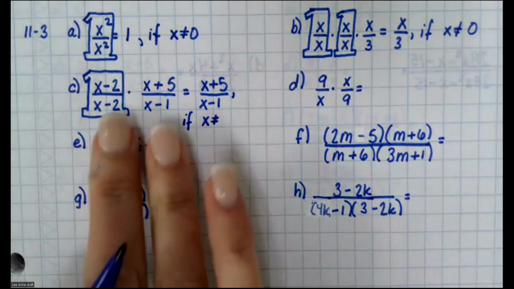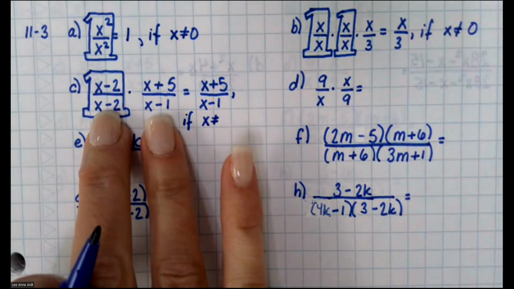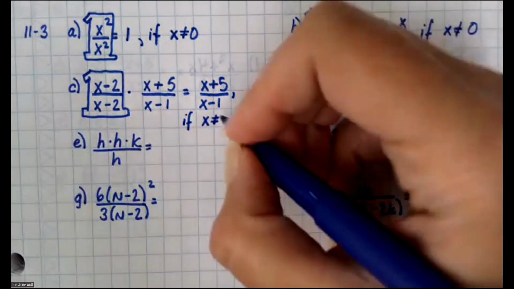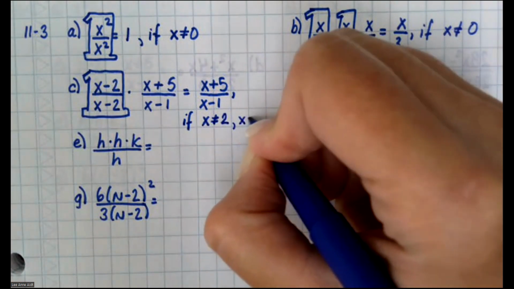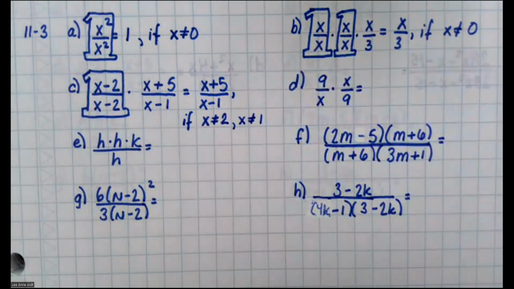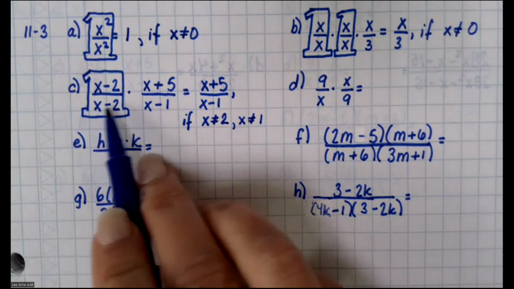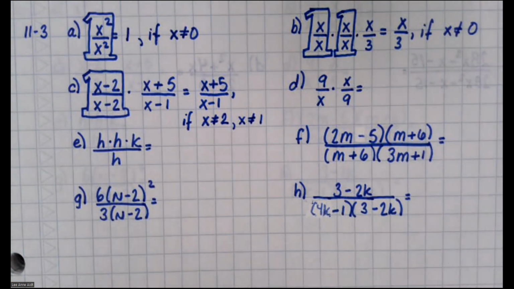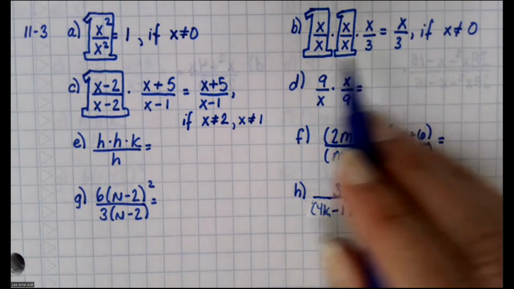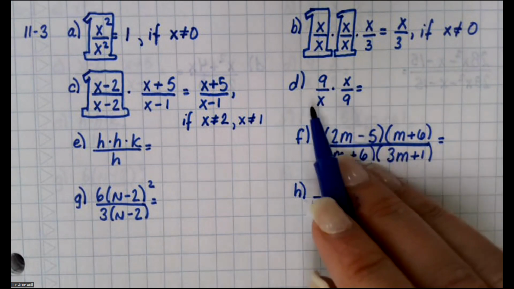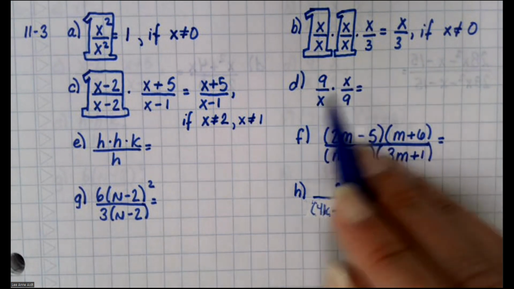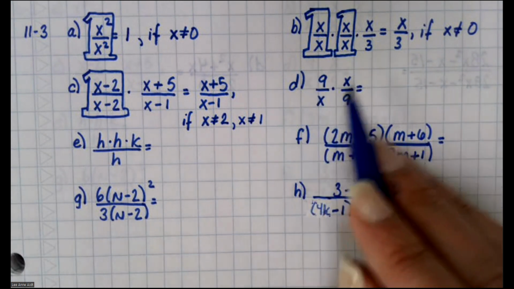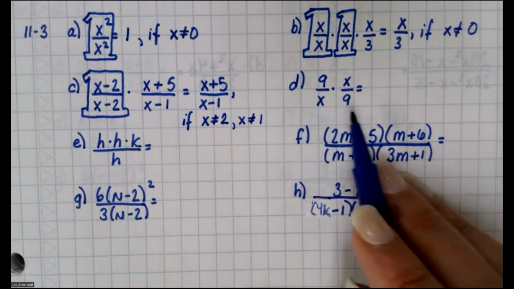Okay, what are the excluded values in this problem? Correct. X cannot equal 2. X cannot equal 1. 2 from this denominator, 1 from this denominator. Now this is really important. Right here, we're going to get to the part where, is it okay to reduce things diagonally?